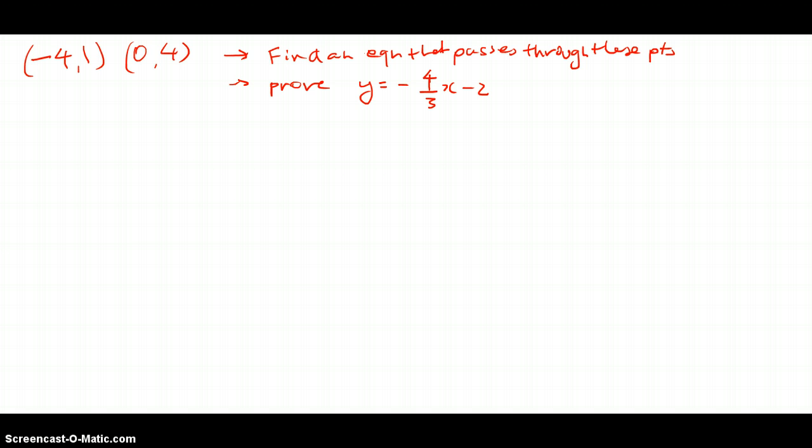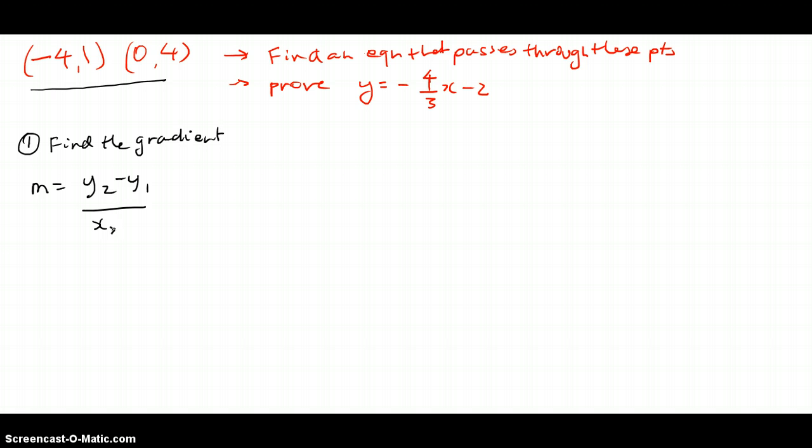So first thing is we need to find the equation of the line for these 2 points. So to find the equation of the line for these 2 points, first step, find the gradient. m is equal to y2 minus y1 over x2 minus x1.